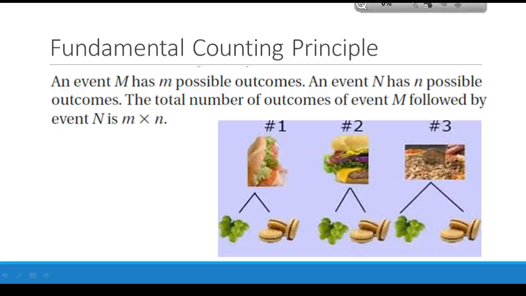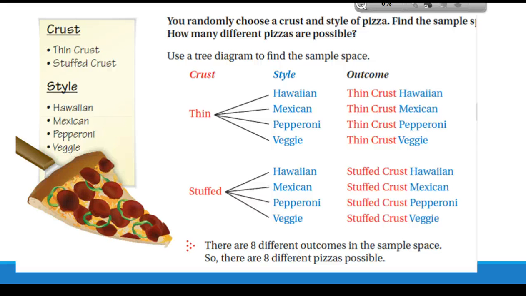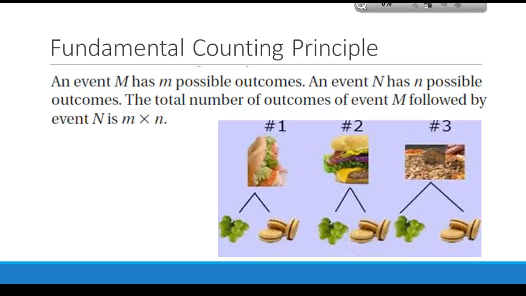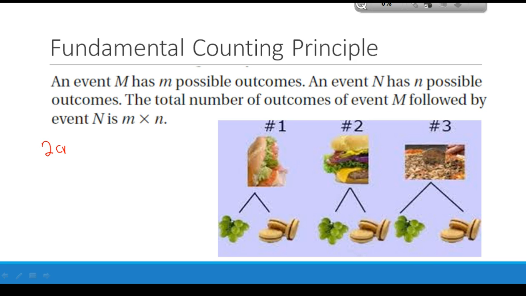Okay, so let me go back a slide or 2. Let's look at the pizza crust. There were 4 styles and 2 crusts. So we had 2 choices for crust.